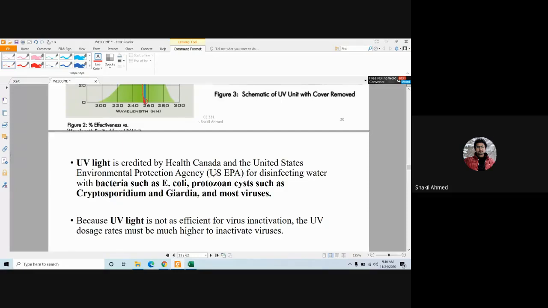If you want to build an industry, you need permission from the Department of Environment to make sure that your industry is not harmful to the environment, or that you have taken the necessary measures to protect the environment from your industrial activities. Similarly, in the United States, they have US EPA to protect the environment. They are the regulatory body. And in Canada, this is Health Canada. Is it clear? Yes, sir.